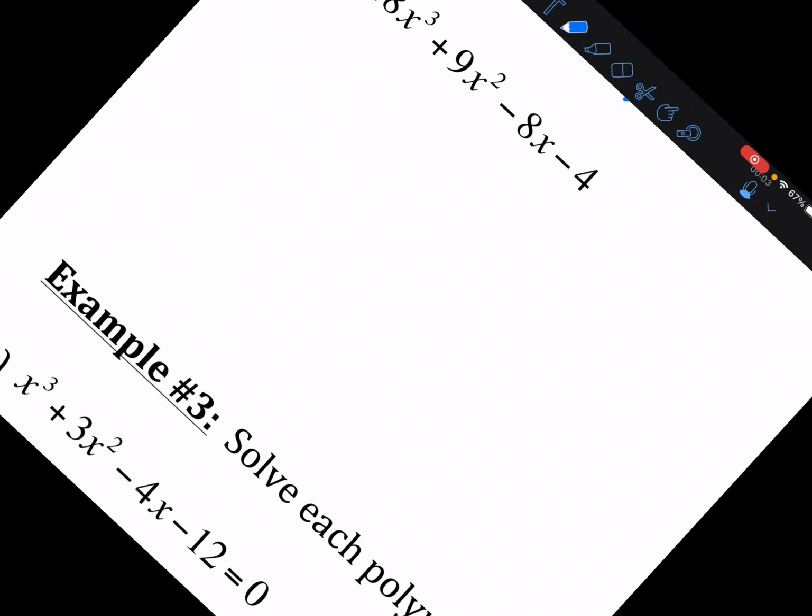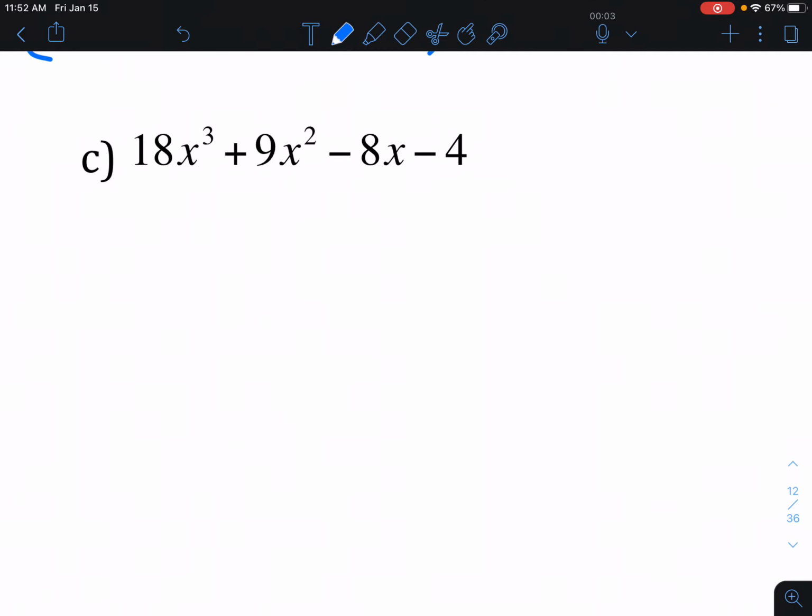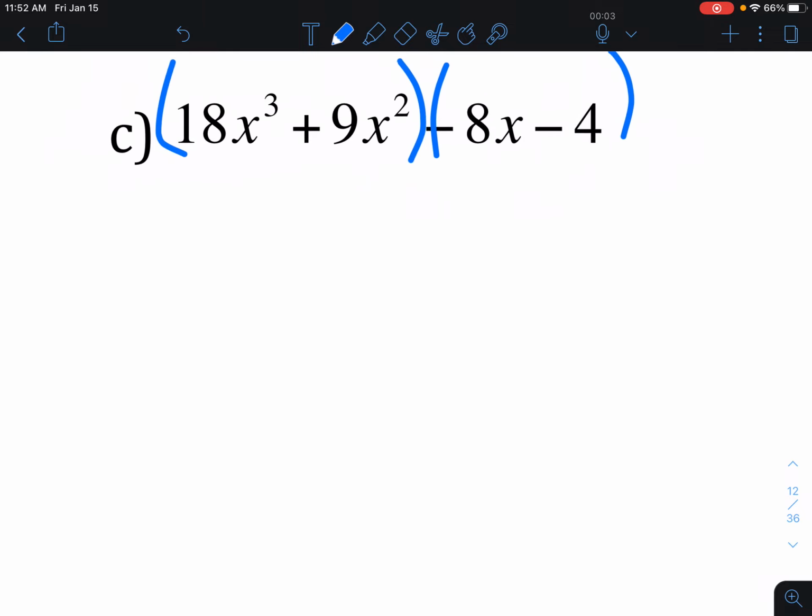Letter C, factor by grouping again. Put your 2 groups. GCF of your first group is 9x to the second. Divide carefully. 18x cubed over 9x squared is 2x.